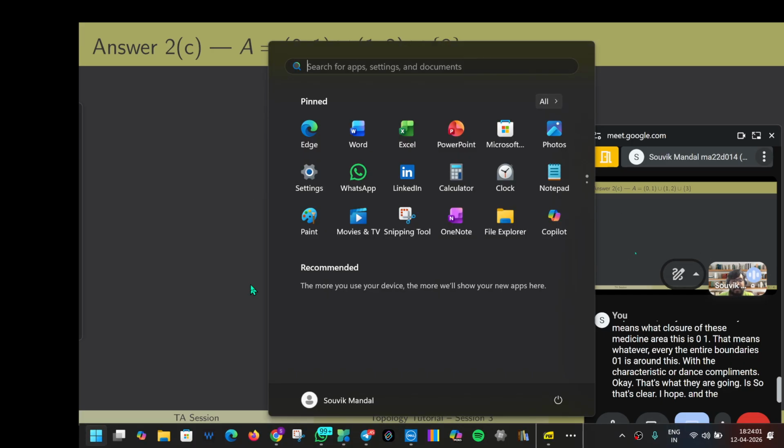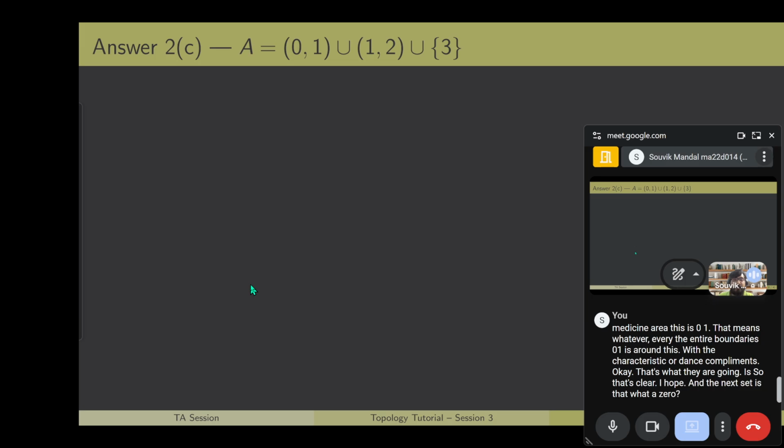And the next set is A equal to (0, 1) union (1, 2) union singleton 3. So please try to think and figure out the boundary, closure, and interior. It shouldn't be difficult. Please take your time.